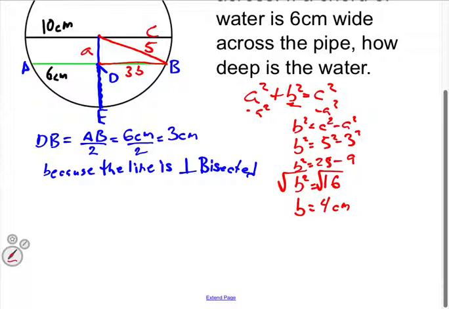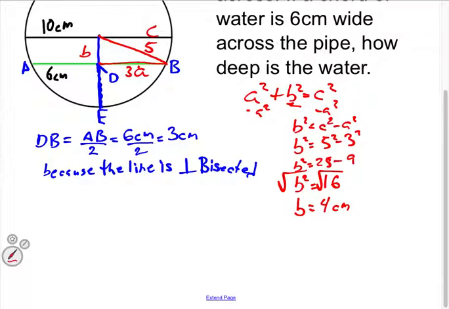Oh, I apologize, I labeled my triangle wrong. This was my A side, this was my B side then. It doesn't change anything, right? Just the fact that I was looking for side B and I found side A. Okay.